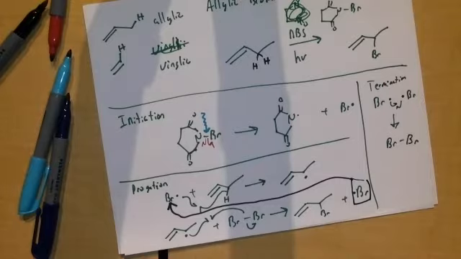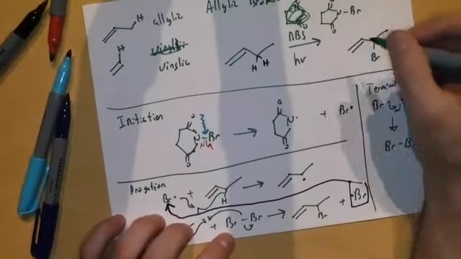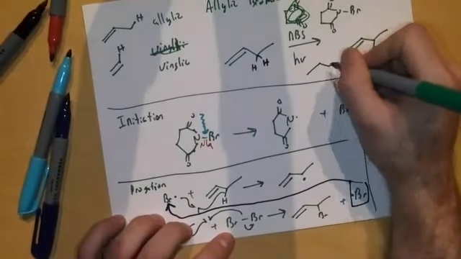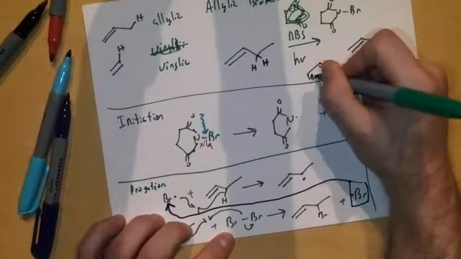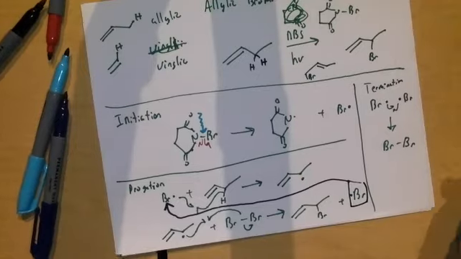Okay, so these can get a little bit complicated. And even this one actually has two different answers. You can also get this bromination product where you have resonance, and I'm going to go over that with a different example here.